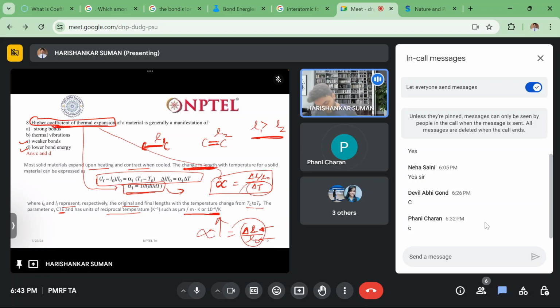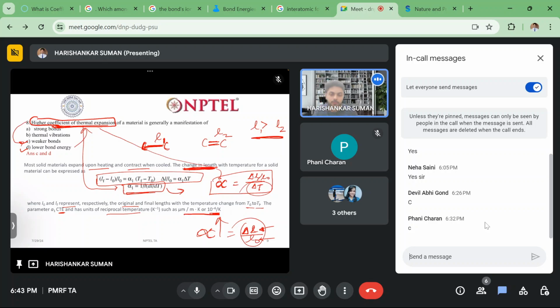So yes, if the bond is weak, the change in length can be more and alpha is more. So this option is related to the higher coefficient. If alpha is high, the bond is weak and the bond energy is lower.